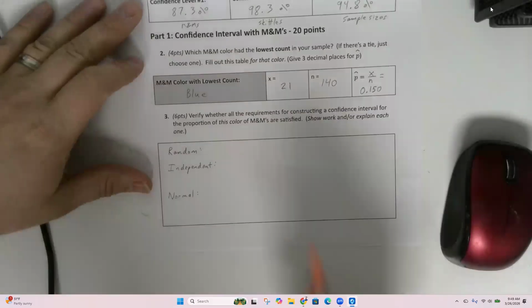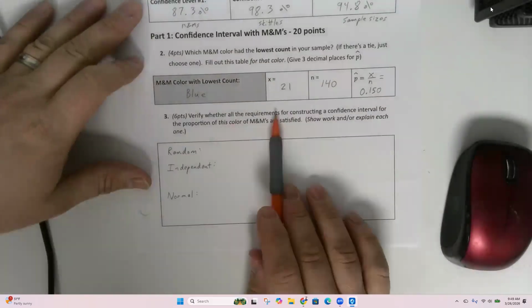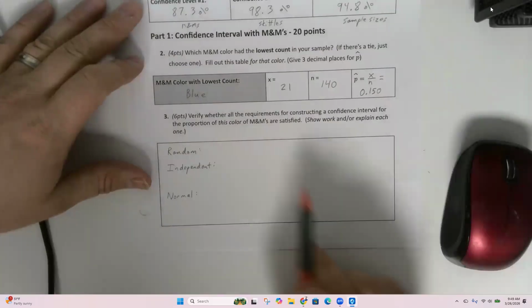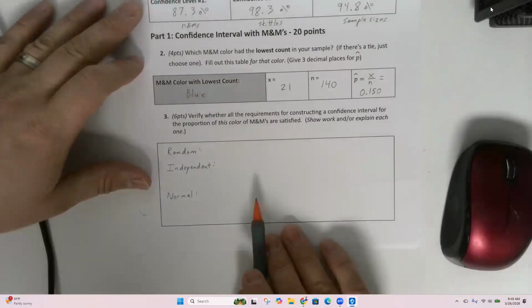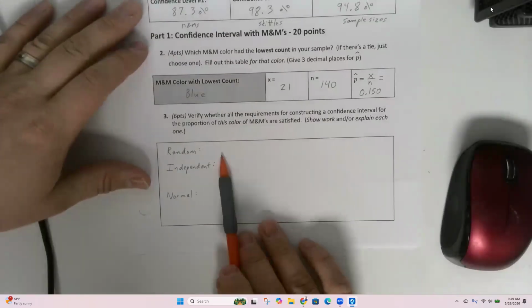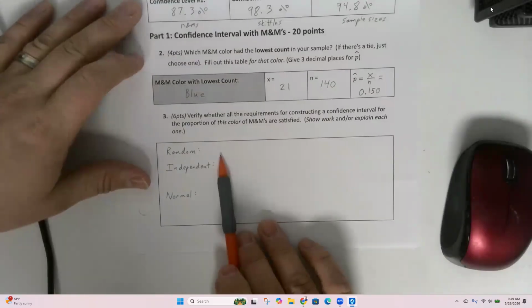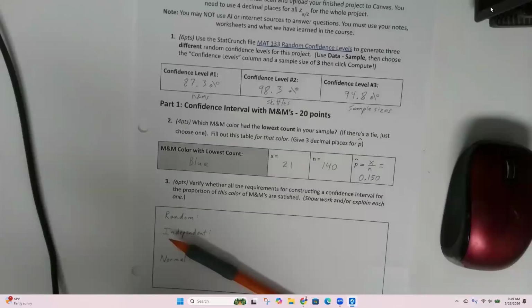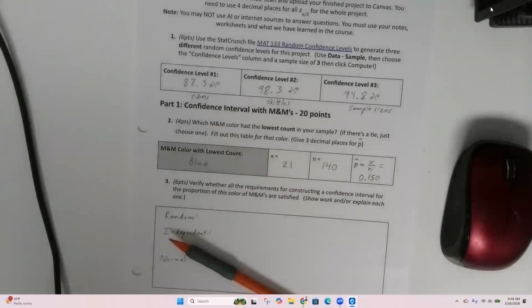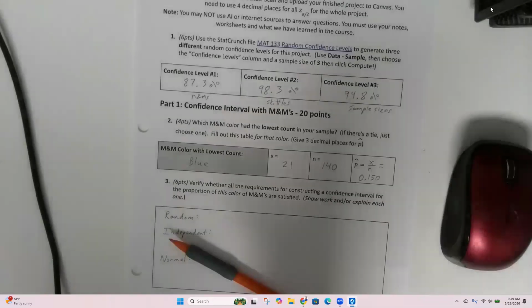All right. Question number three: verify whether the requirements for constructing a confidence interval are satisfied. First of all, random. Did we select a random sample? Did anyone go to one of the M&M stores where they have the big bin of M&Ms and pick out all the blues? No, nobody did that, right? You went to Meijer and bought a bag that was already sealed. So you selected just a random bag.